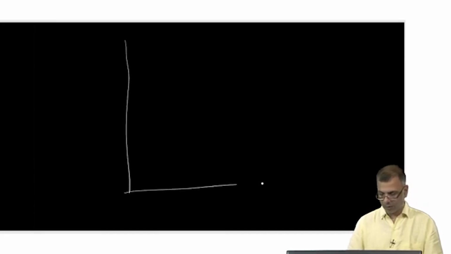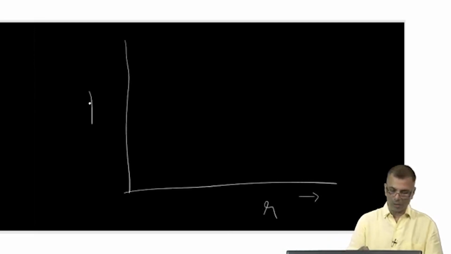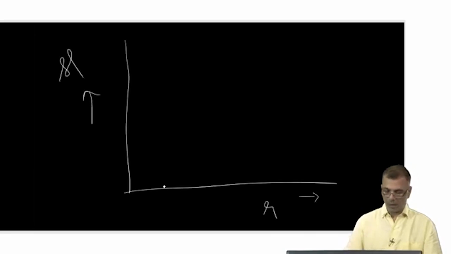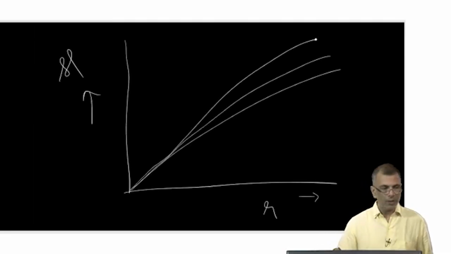You would have R normalized to some radius, and this would be the Mach number, and all the solutions like this.